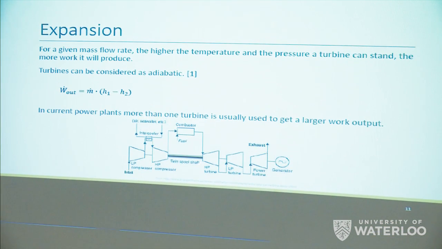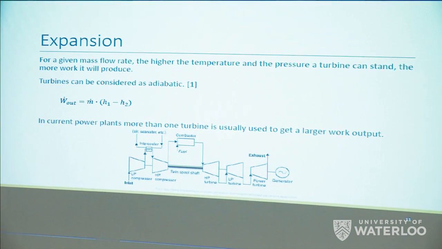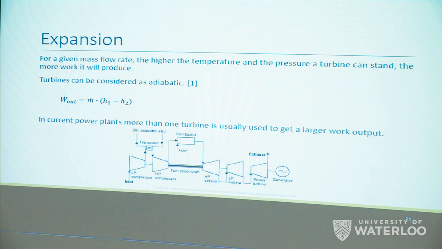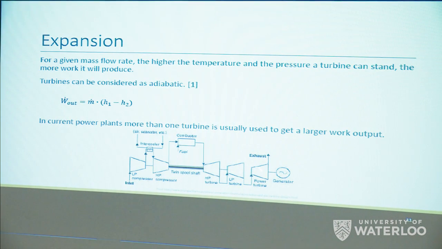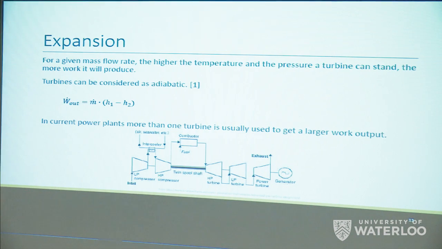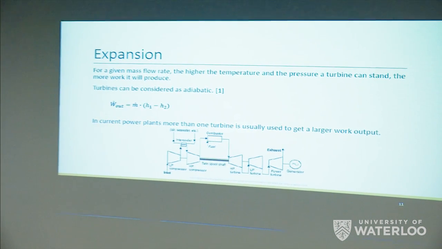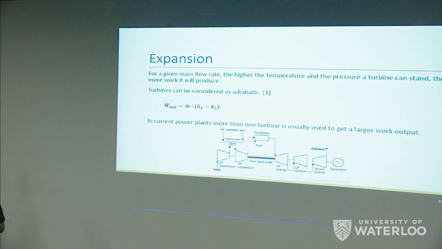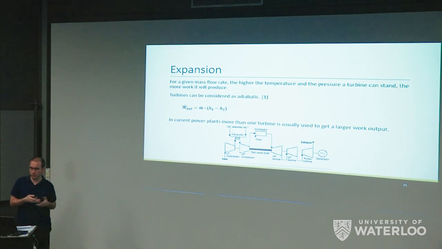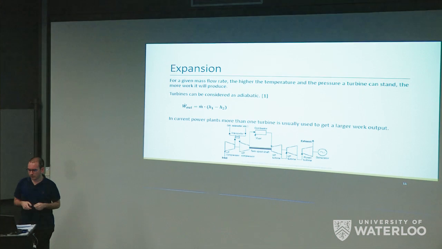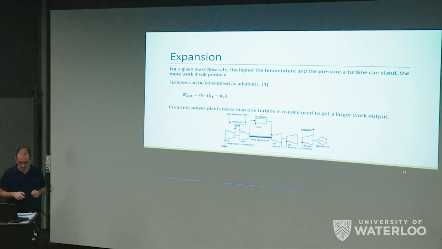So they can put high pressure vapor here, expand it, then use a lower or medium pressure turbine, and then the next and the next. This way they can take advantage of the different configurations that you can give to a turbine when you are actually building it.